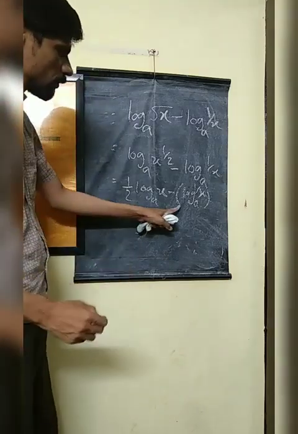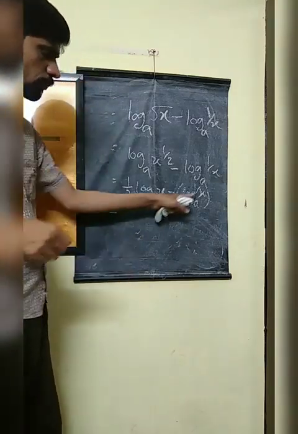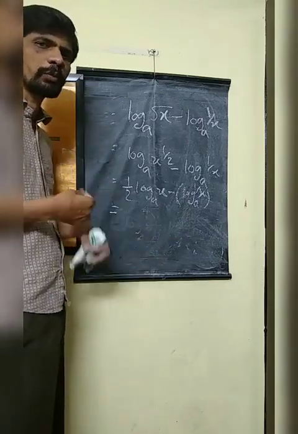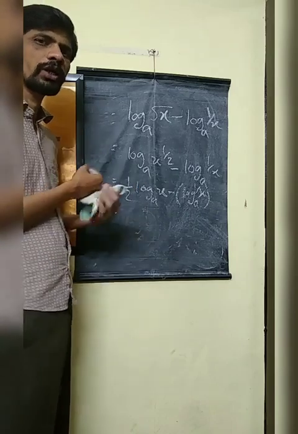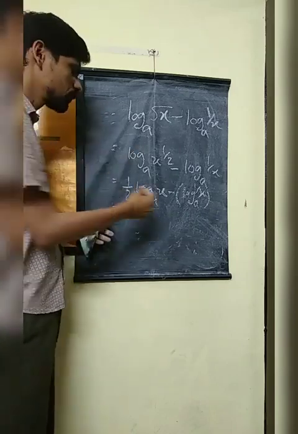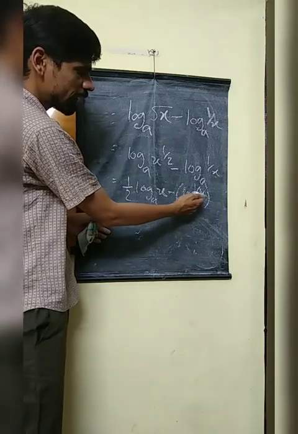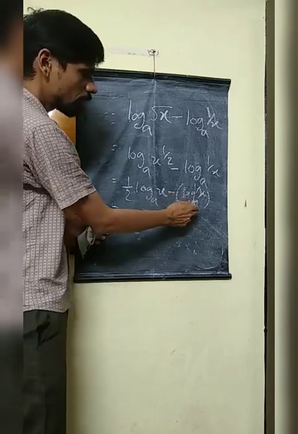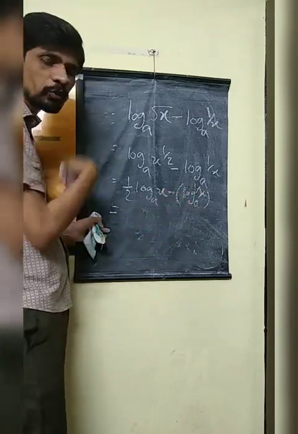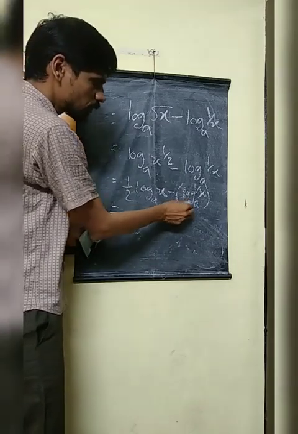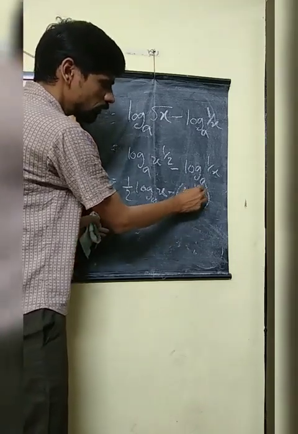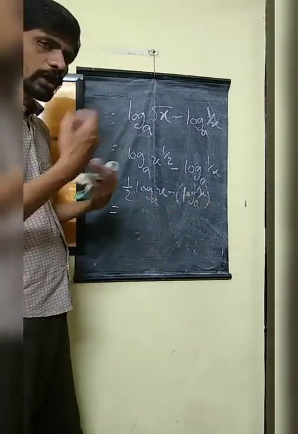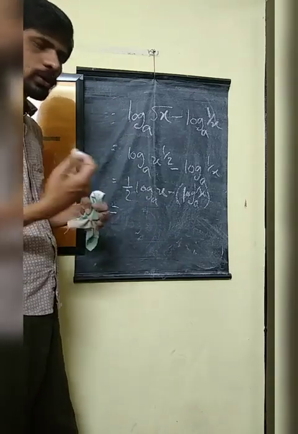So when we have 1 by x, what is meant by 1 by x? I am now 1, I want to become x, what does that mean? I am going back in time. So to make this x instead of 1 by x, if I place minus here, it will convert as log a x with minus, because I am moving backward in time, right? So 1 by x means I want to go into backward time.